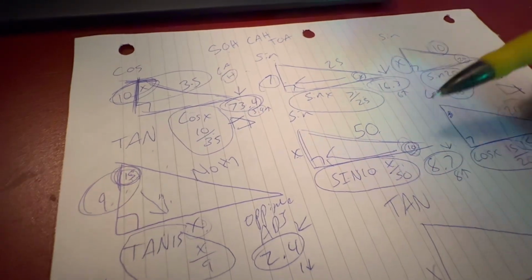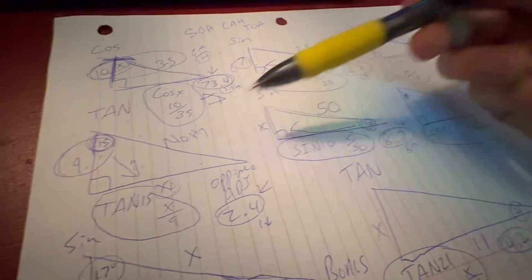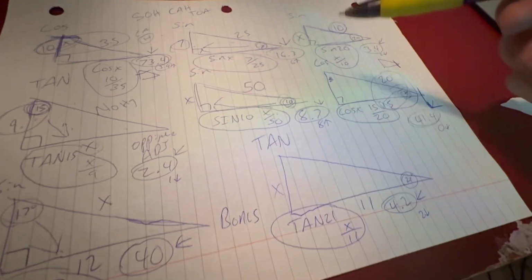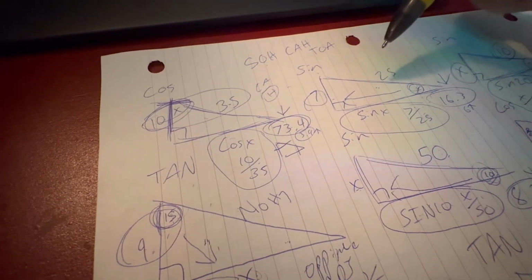Whenever your x is your variable for any of these, so for instance, equations like the first one, or the second one, if your variable ends up being the tan of x, or the sine of x, or the cosine of x, it is going to be second on your calculator.